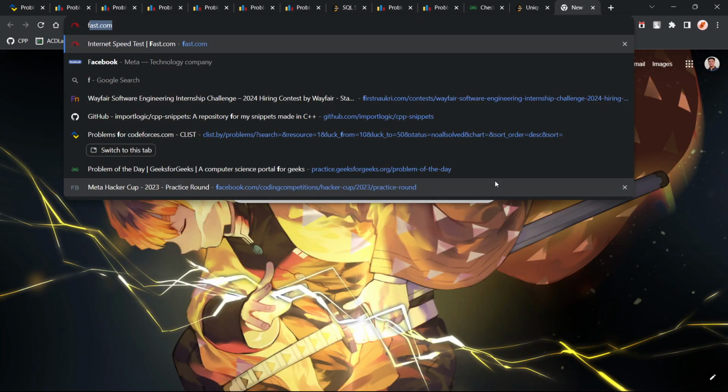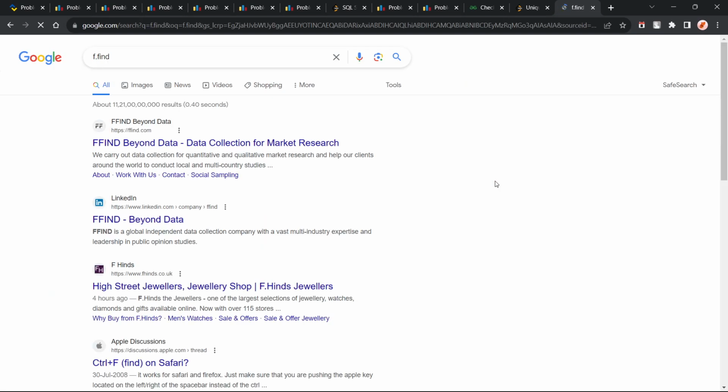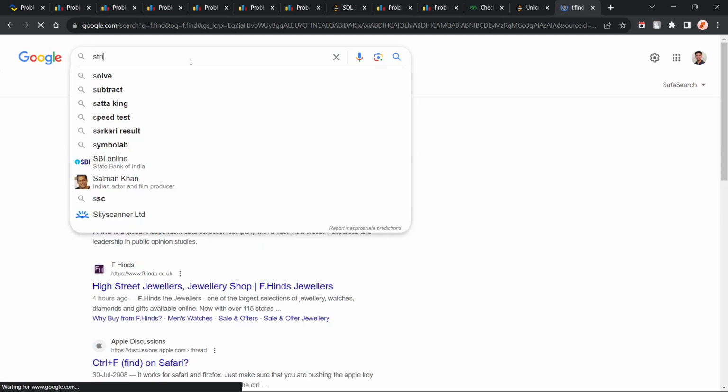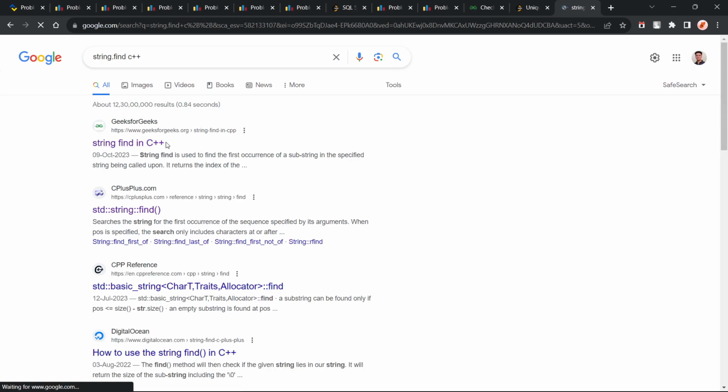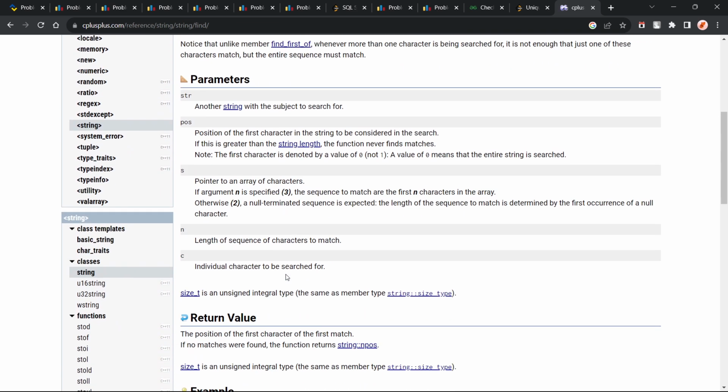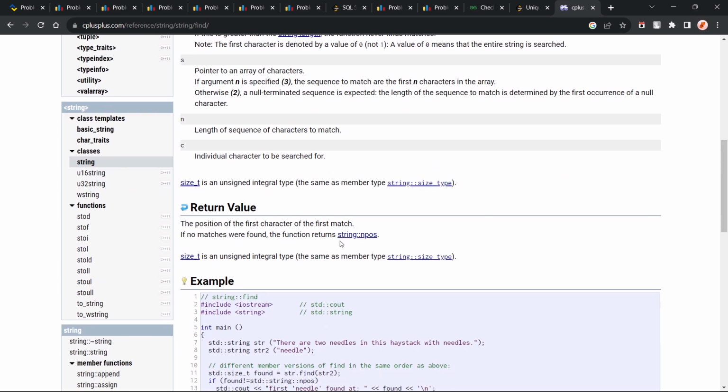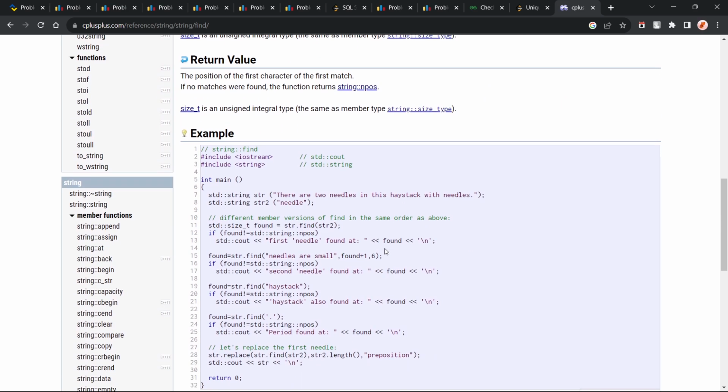I don't know if this is the correct method to write it or not. Yep, so we have this website. Whenever we don't find it, we get npos, right?